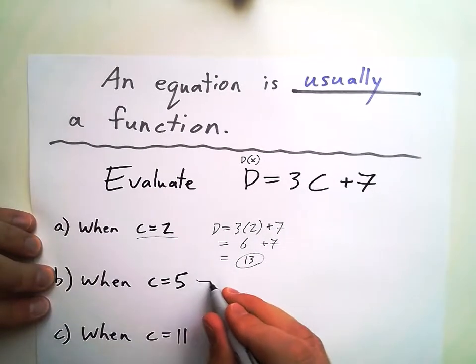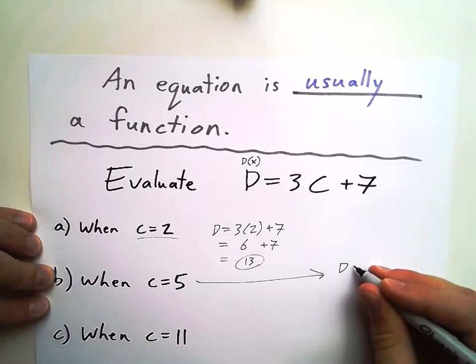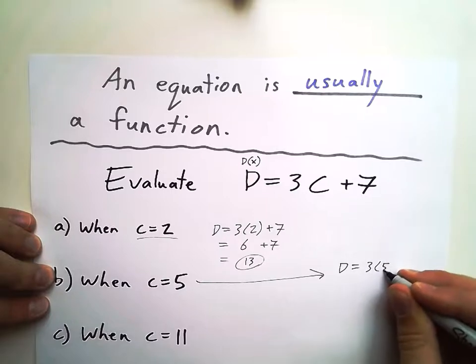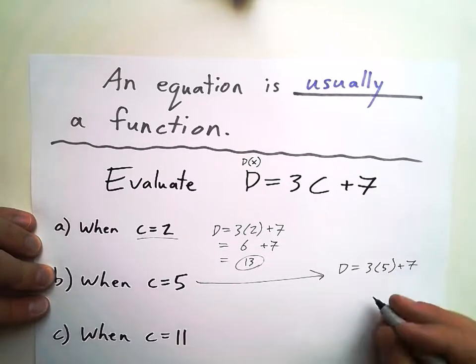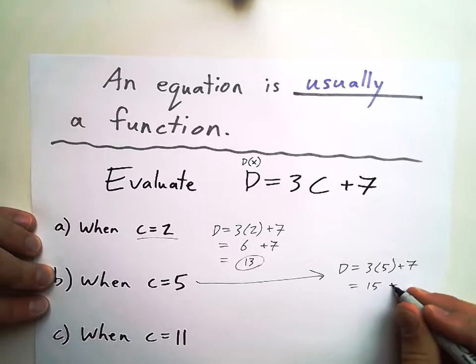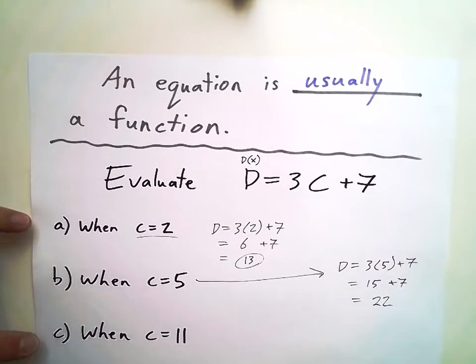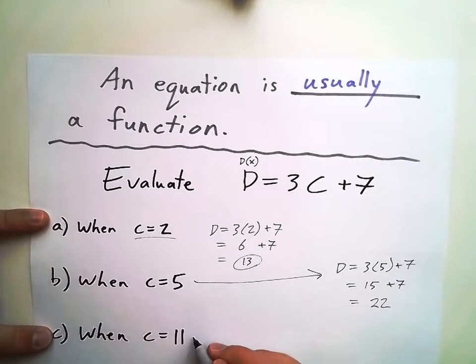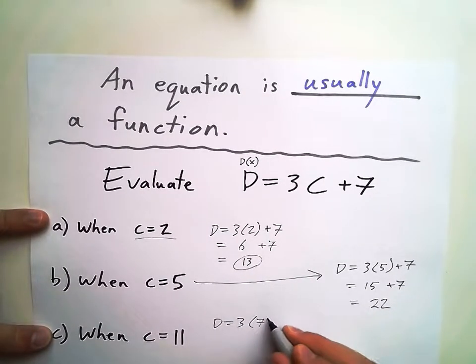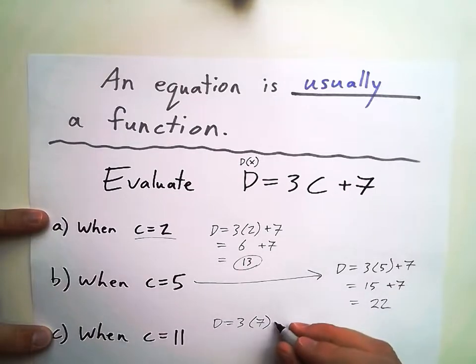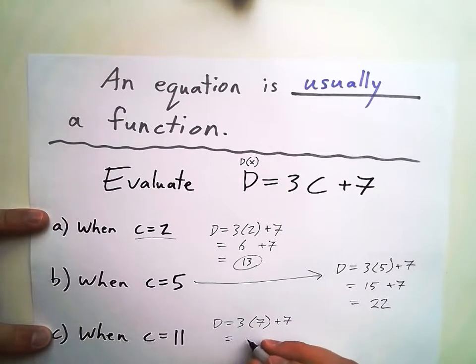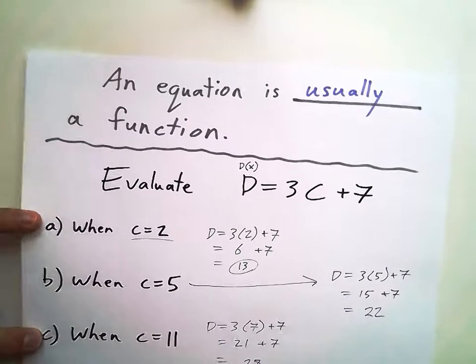When c equals 5, d equals 3 times 5 plus 7, which would be 15 plus 7, which would be 22. C equals 7, then we'll say d equals 3 times 7 plus 7, which would be 21 plus 7, which would be 28.